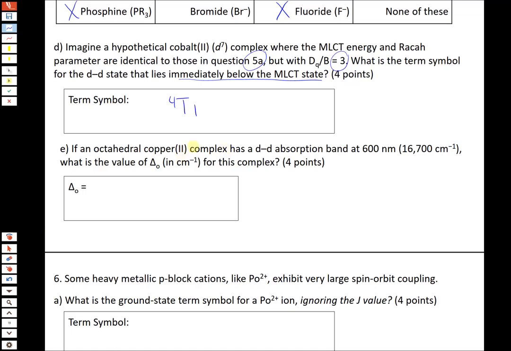We have an octahedral copper-2 complex, so this is a D9. It has a DD absorption band at 600 nanometers, which is 16,700 wave numbers. What is the value of delta O?